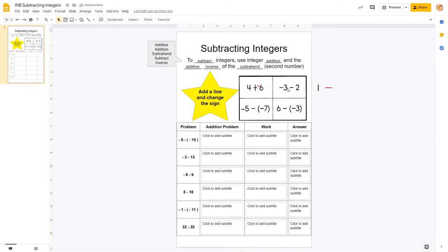Okay, so now we do the same thing here. We have -3. Change this to a plus. Then add this minus sign, making it a little smaller. There we go. Okay, we have -5. Make this a plus sign. And then we change that negative to a positive.